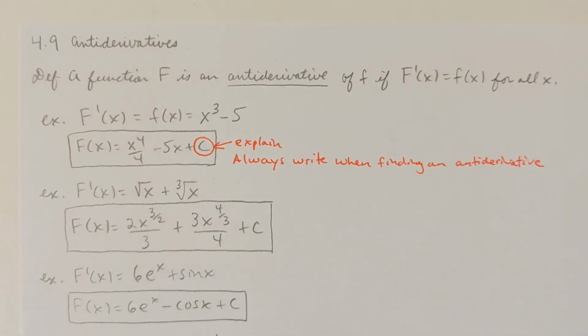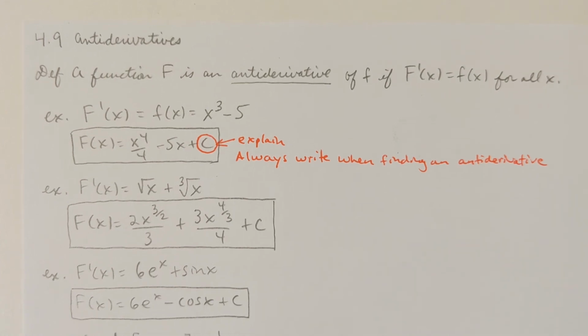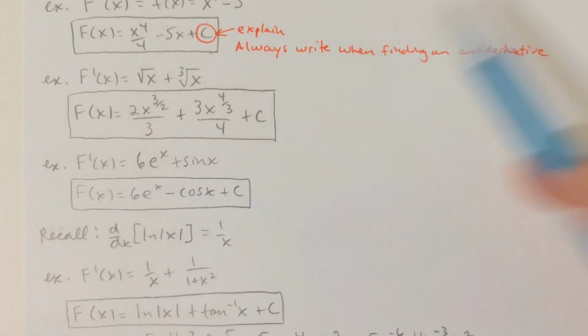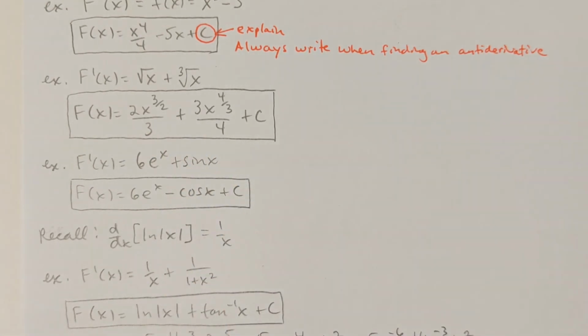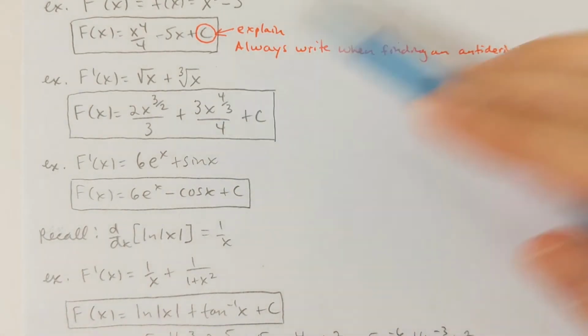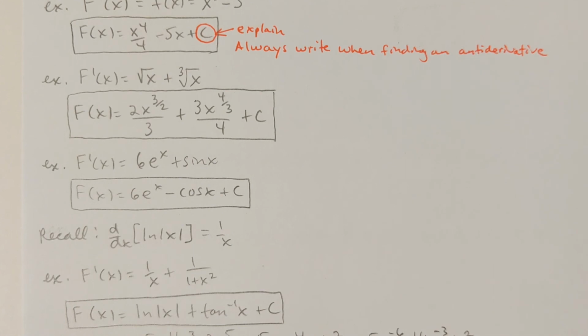So it's still important that we know our differentiation rules. We will use those to check our answers, but we are leading into a new topic here of antiderivatives. Here's another example. Suppose that f prime of x is equal to the square root of x plus the cube root of x. What is the antiderivative? What is a function whose derivative is the square root of x plus the cube root of x?